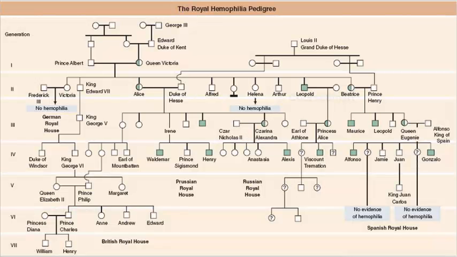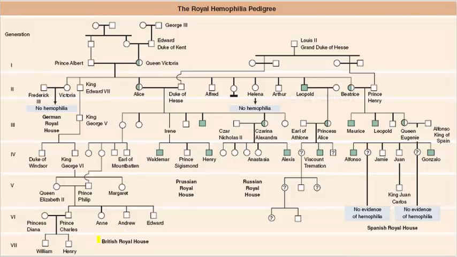We study some diseases that are known to only follow the X chromosomes in individuals, and what this quite large pedigree is showing you is all of the hemophilia that existed in the royal family. We're actually going to start at the bottom so you can see what's going on.